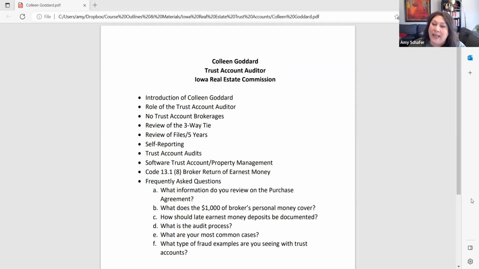Perfect. My last one, and you'd mentioned this in a conversation and it got my ears perked up, was fraud, or I think the word you used earlier in our session today was embezzlement with trust accounts, or maybe some things going on in other areas. How about that one for you? Yeah, we've had a real uptick in embezzlement cases. It's anywhere from a husband, a wife, a bookkeeper, a broker embezzling the funds.